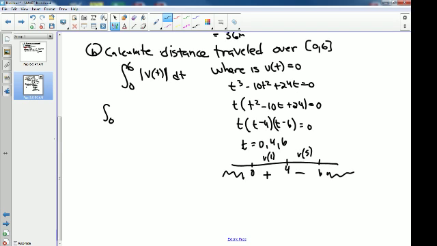What we really have is the integral from 0 to 4 of v of t plus the integral from 4 to 6 with an absolute value. So that's the negative portion, correct?